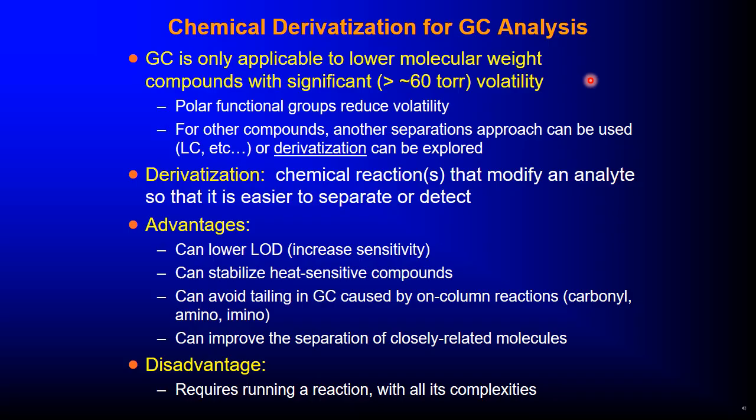Advantages: it can lower the limit of detection, increase sensitivity, stabilize heat sensitive compounds, and avoid tailing in gas chromatography caused by on-column reactions of carbonyl, amino, and imino groups. These are generally polar groups.